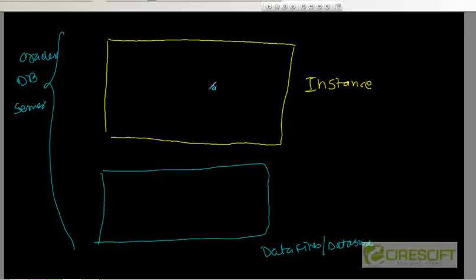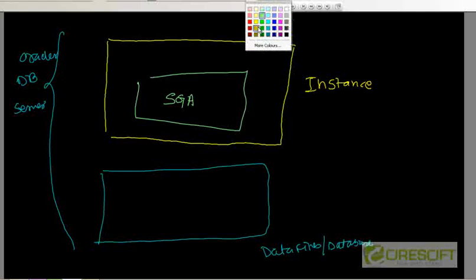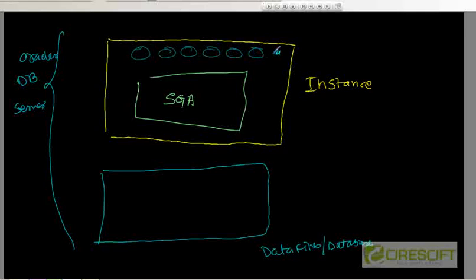We then discussed that the instance in turn consists of 2 parts: the memory structure, that is your SGA, system global area, and then a lot of background processes.